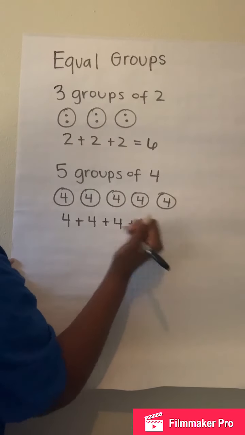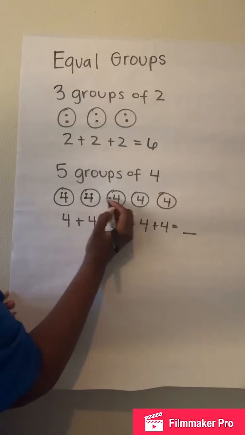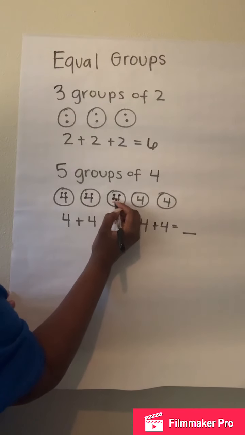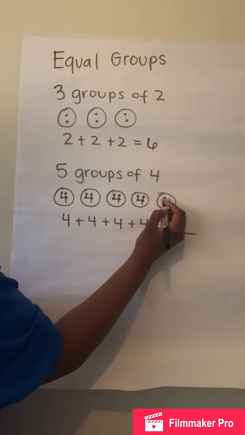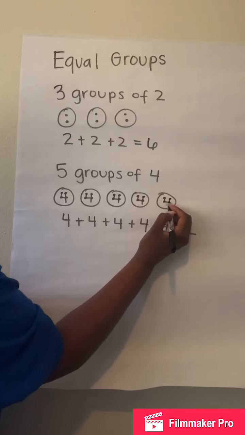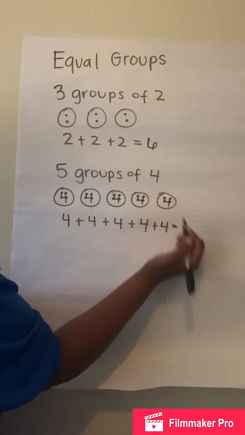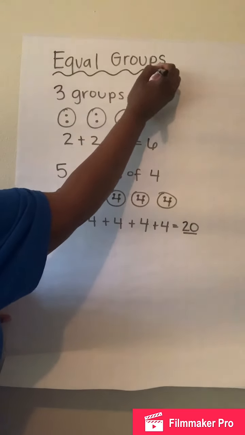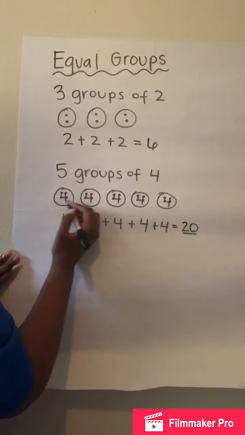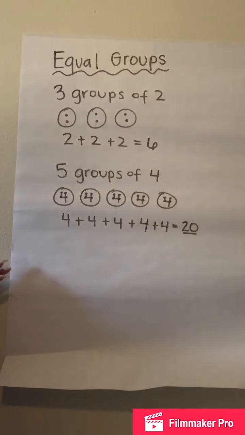And I can go in and count it. 1, 2, 3, 4, using my touch points. 5, 6, 7, 8, 9, 10, 11, 12, 13, 14, 15, 16, 17, 18, 19, 20. So when we talk about equal groups, we're talking about each group having the same amount.